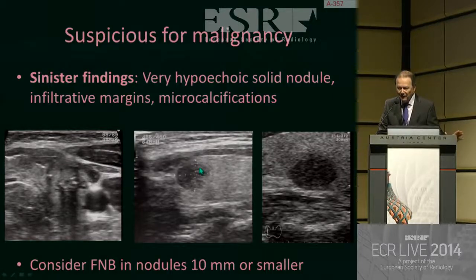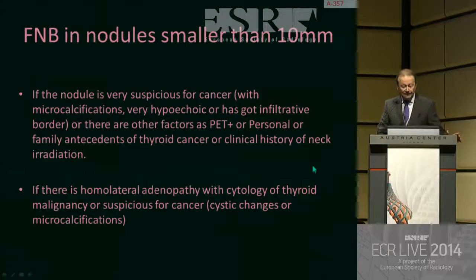When you find spiculated, it has a high specificity for malignancy. Another thing is very hypoechoic nodules. This finding is linked to malignancy. Most of the nodules are hypoechoic, including benign nodules, but very hypoechoic is linked to malignancy.